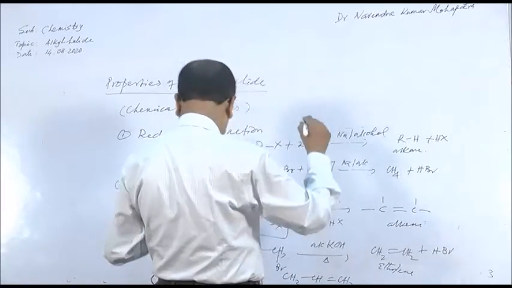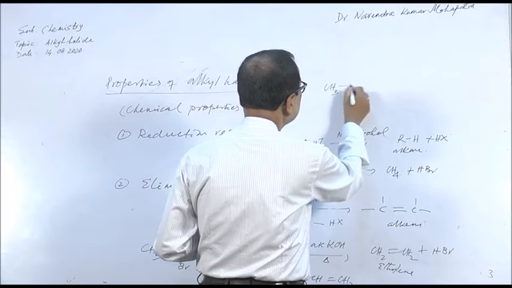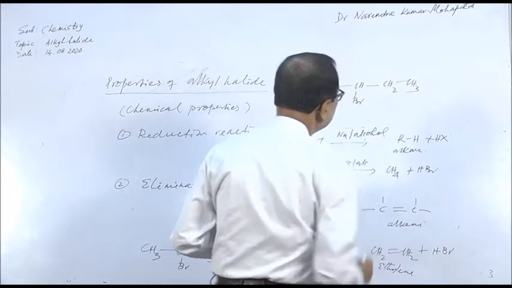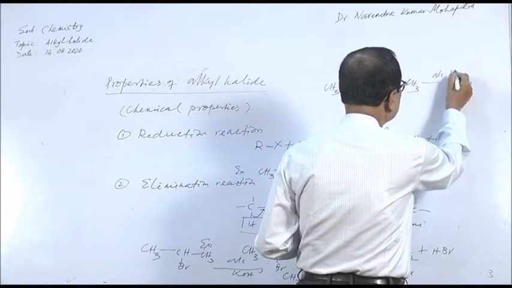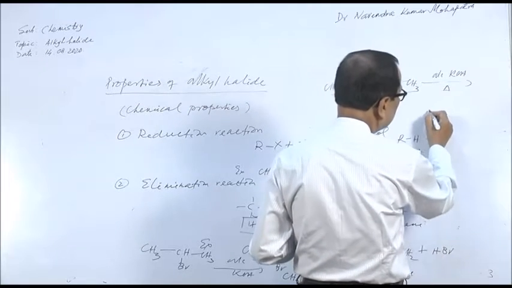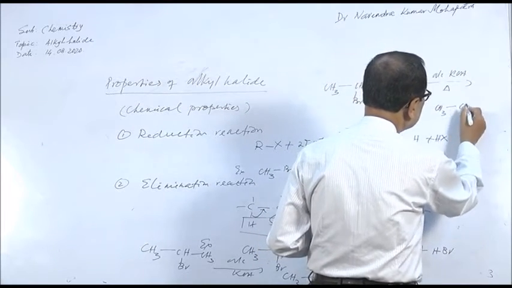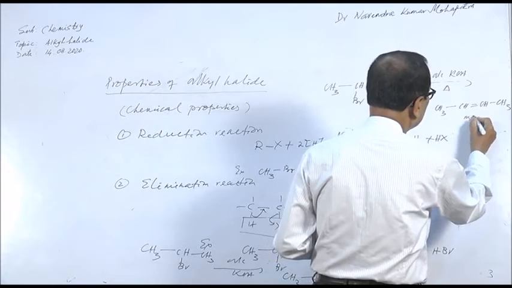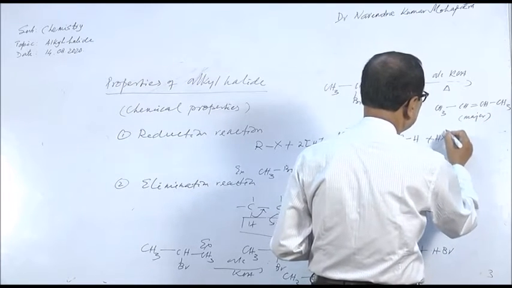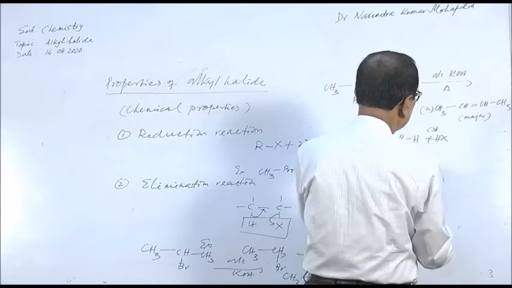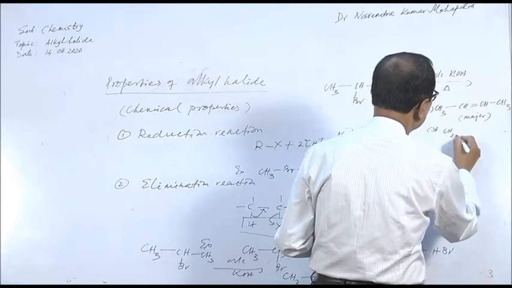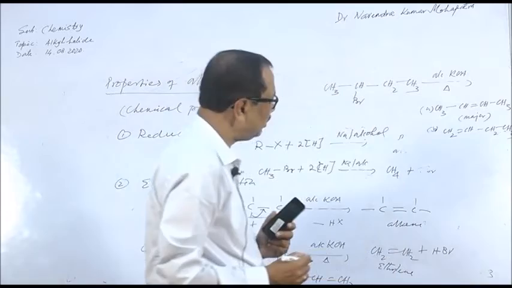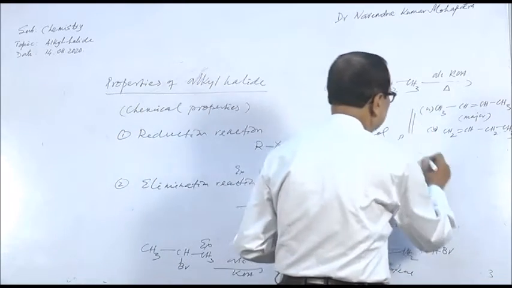In case of unsymmetrical alkyl halide, CH3CHBrCH2CH3, when you heat with alcoholic KOH, the product formed will be CH3CH=CHCH3, which is the major product, and the minor product will be CH2=CHCH2CH3. These products are as per Saytzeff rule.